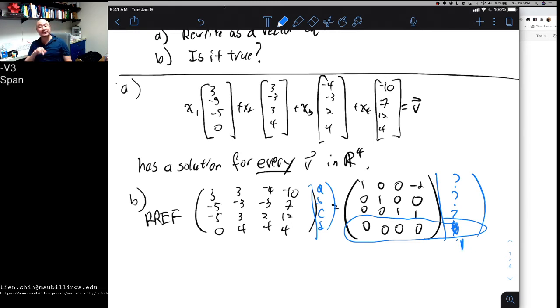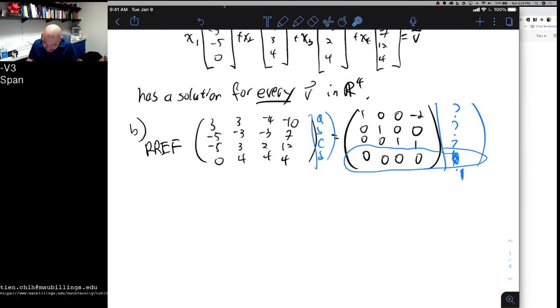So what this is telling us is that there is some vector out there, and I don't know what it is, but there is some vector out there that's somehow not a linear combination of these four things. It's the vector so that if I put it here and I took its reduced row echelon form, I would end up with a 1.